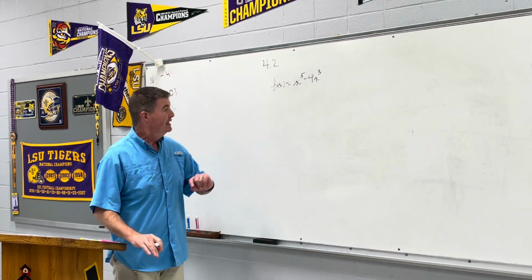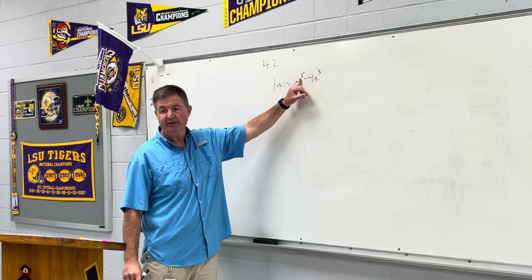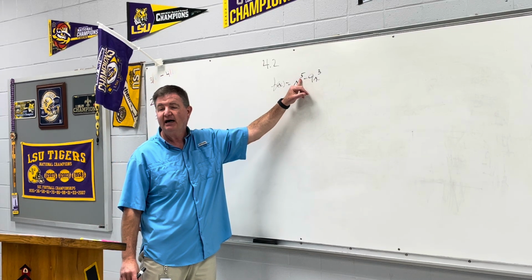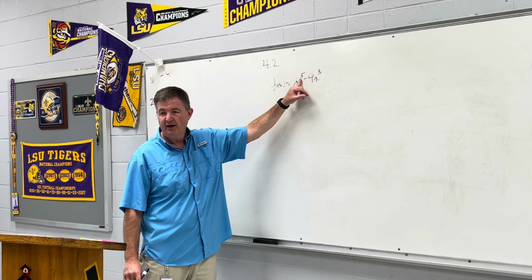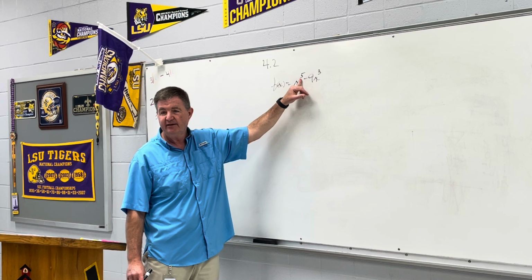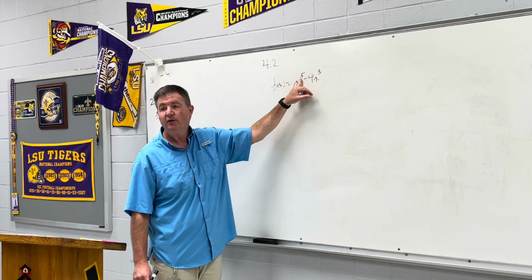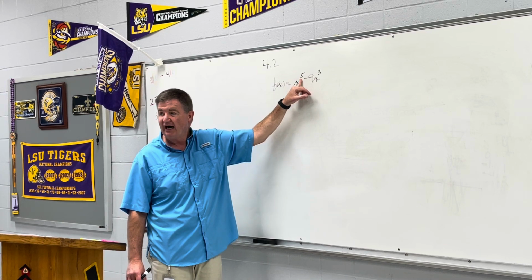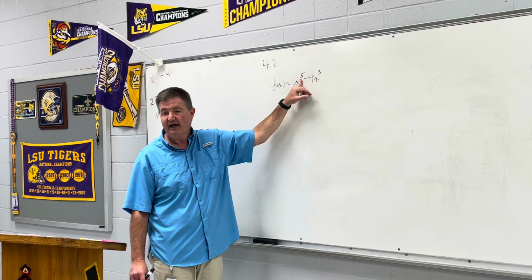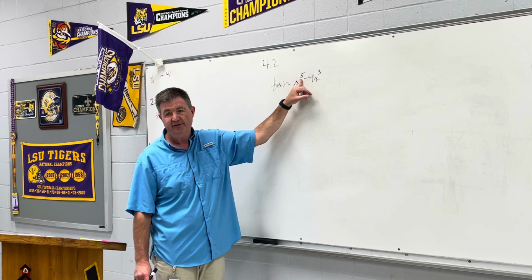By the way, the highest exponent tells us how many possible zeros we could have. On the last example, we had x to the 3rd, and we had 3 zeros. Here we have x to the 5th, so we could possibly have as many as 5 zeros. You don't have to have 5, but we could have 5.